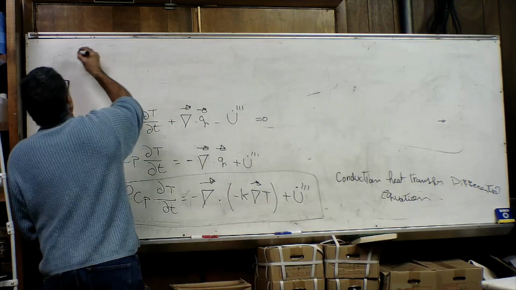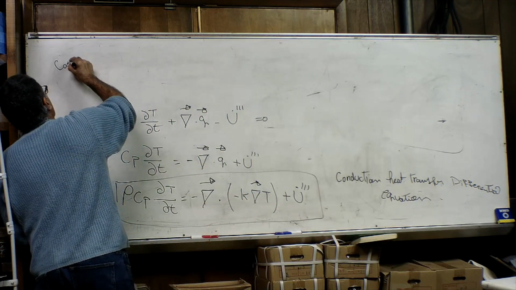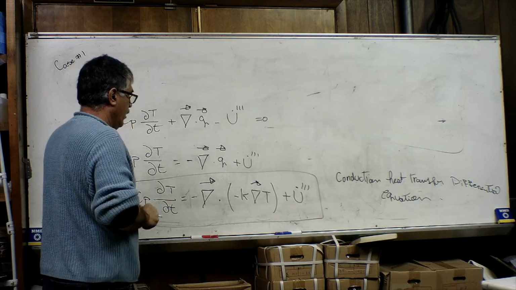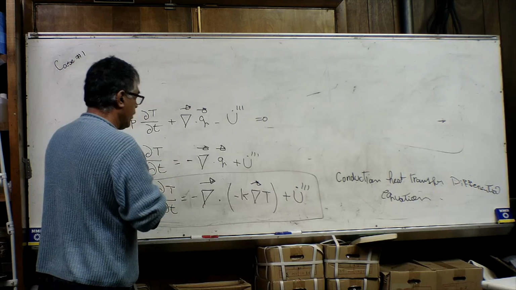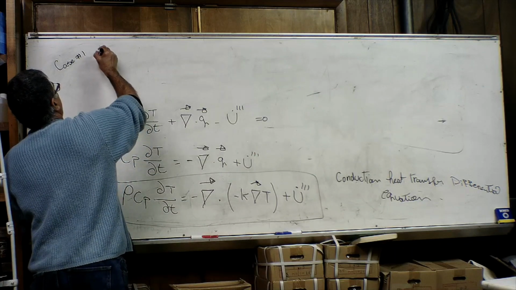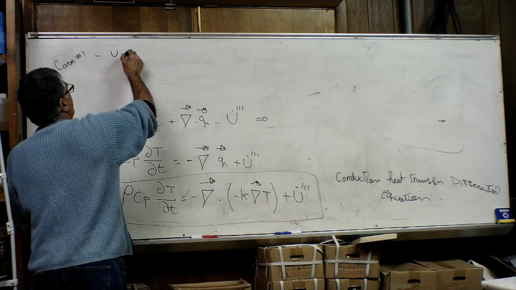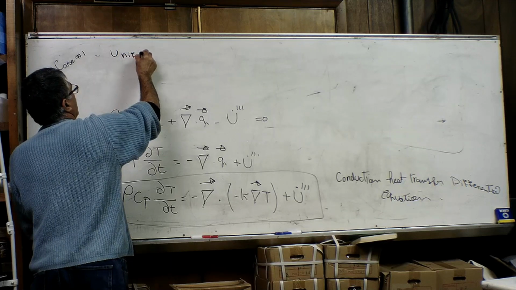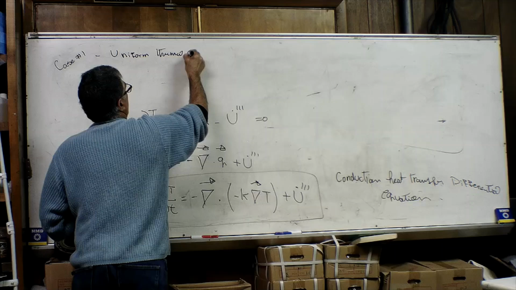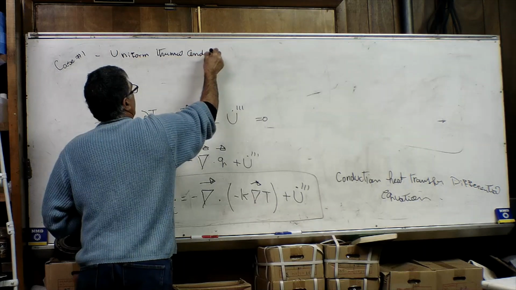Okay, let's say case number 1. Our thermal conductivity k is uniform.